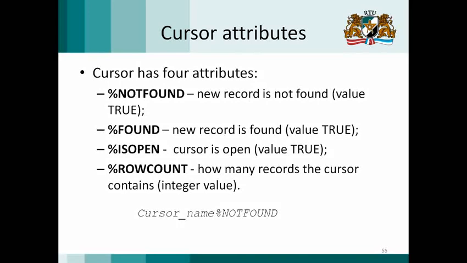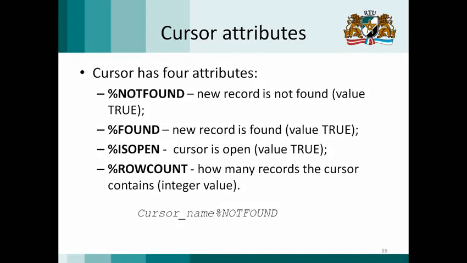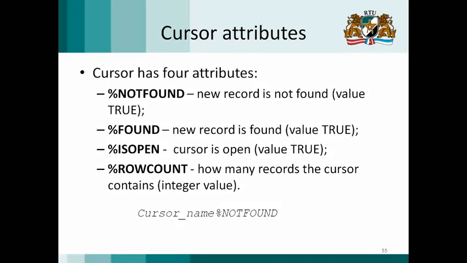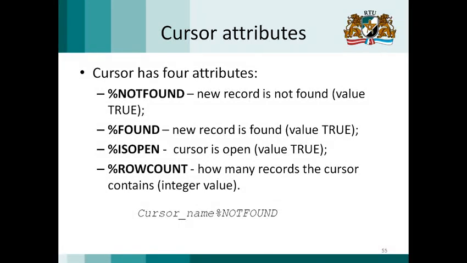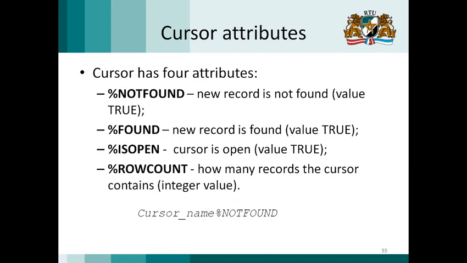If it is open, then it is true. And there is also a row count that counts how many records the cursor contains, and it is of the type integer. And the syntax to write these cursor attributes is like this. We write the cursor name, and then follows the percentage sign and the attribute.